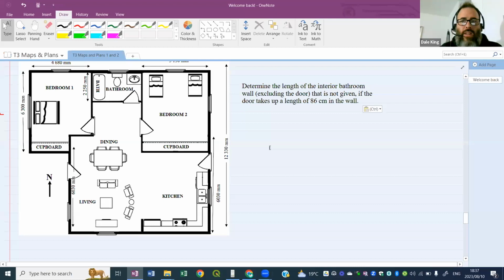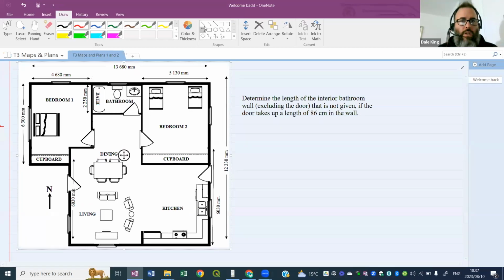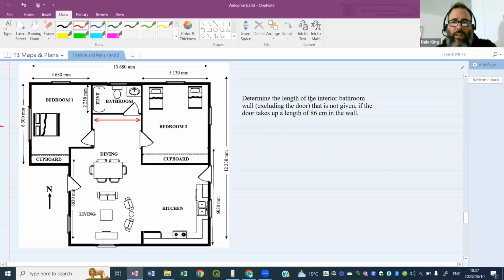Determine the length of the interior bathroom wall. Where is that? All right, interior bathroom wall. This one that's marked in red is the exterior. So the interior one is this one here, on the inside. Determine that length, excluding the door.